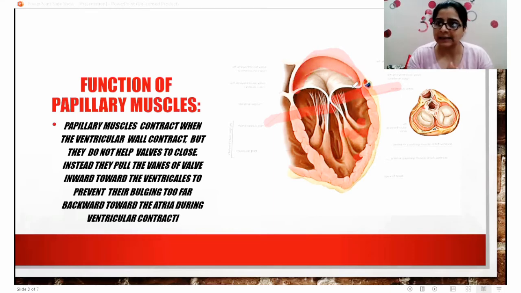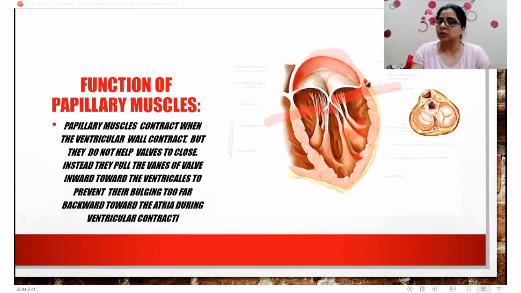So this is how the closing of the walls takes place. These chordae tendineae are pulled downwards, and this is causing the closing of this area. So it is preventing backflow. And second thing is that if suppose there is any abnormality in the chordae tendineae and the papillary muscle, suppose there is any rupture, or any injury, or there is any palsy in the papillary muscles, then what will happen?